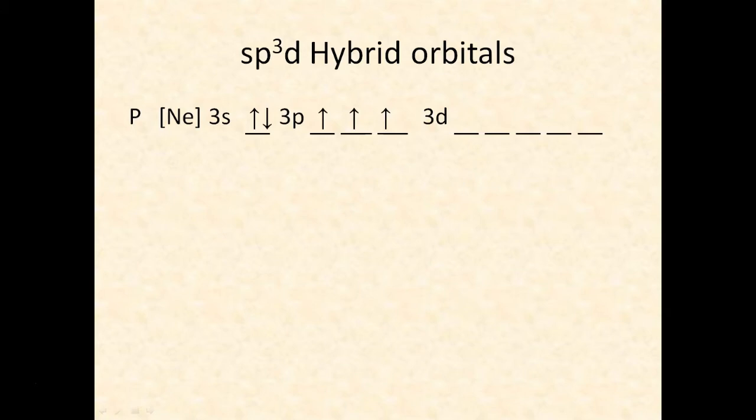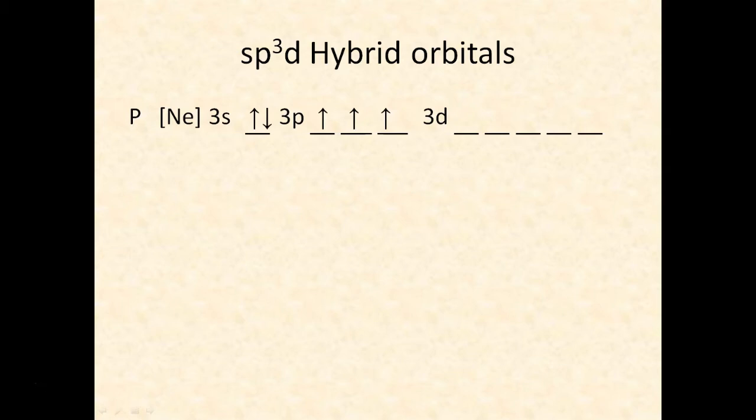What about if we have expanded octets? So we've looked at the cases where we have compressed octets with beryllium and boron, and we've seen now why beryllium forms two bonds and boron forms three. What about phosphorus? Why does it form five? Well, phosphorus could undergo an sp3 hybridization, in which case that would allow it to form three bonds and have a lone pair.